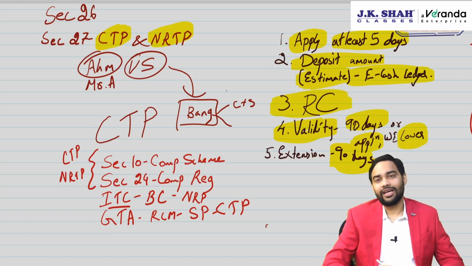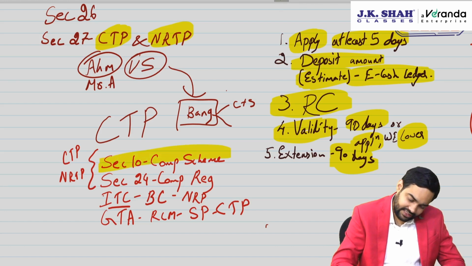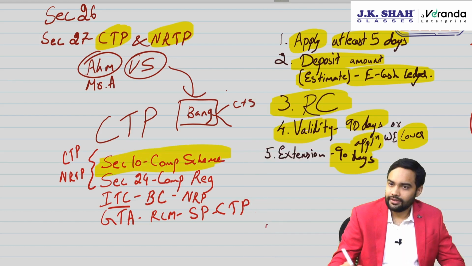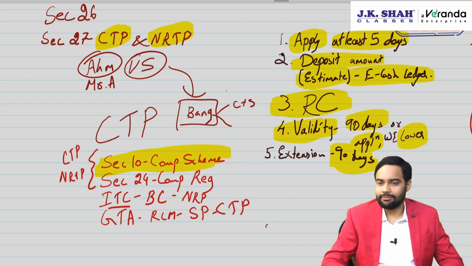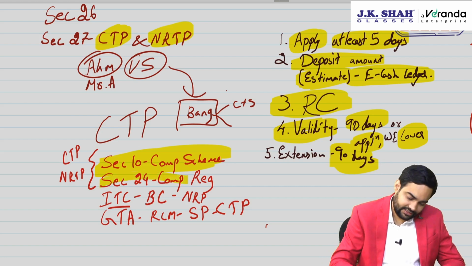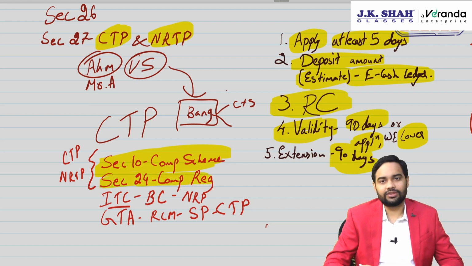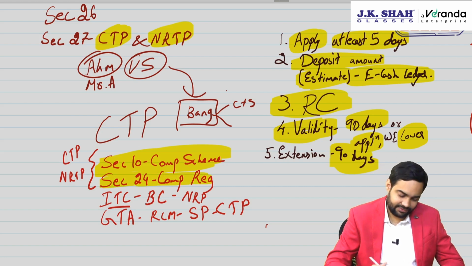Now, where all did we see CTP and NRTP? Composition scheme. Both CTP and NRTP cannot avail composition scheme. Compulsory registration. Both CTP and NRTP are required to take compulsory registration.